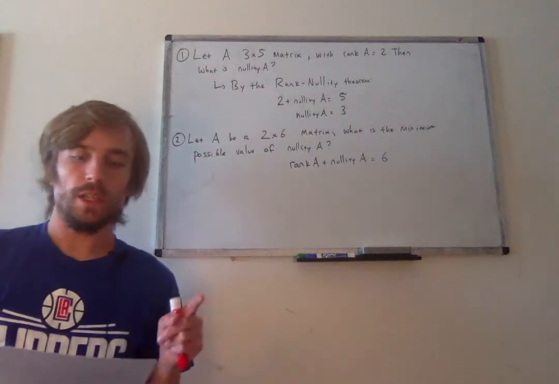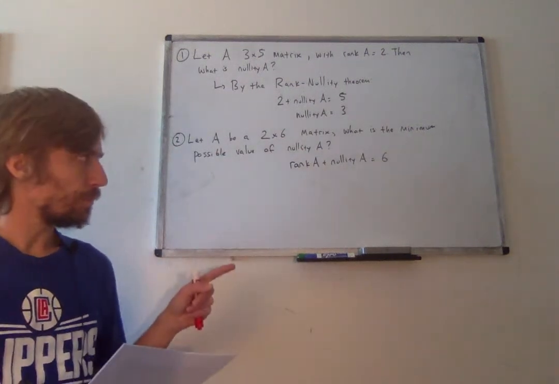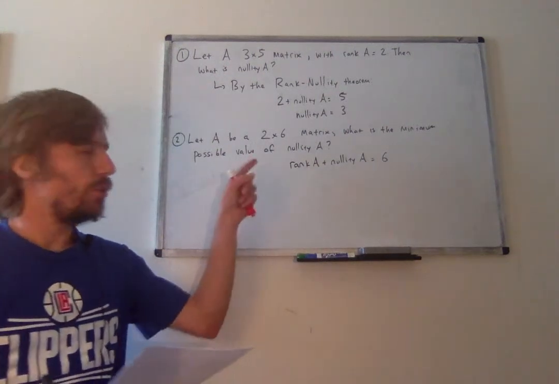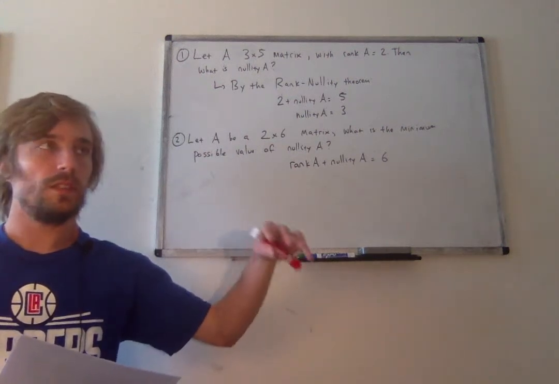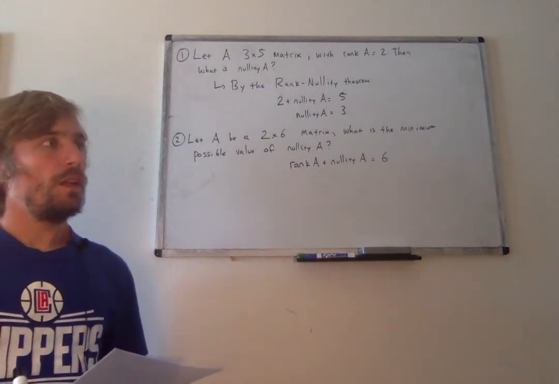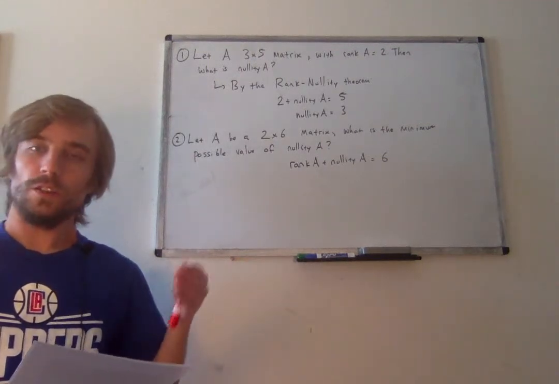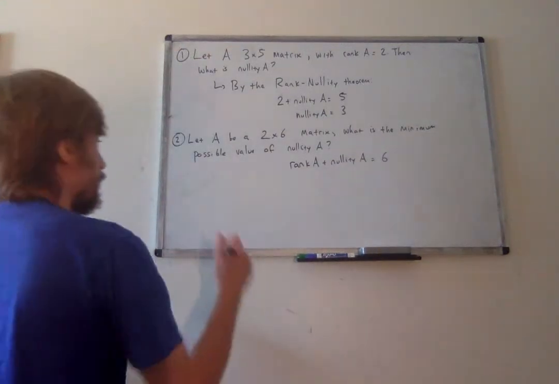So what we need to do here is determine the maximum possible value for the rank. And so notice if A is a 2 by 6 matrix, that means A has 2 rows and 6 columns. And so if we look at all of the columns of A, at most 2 of them can be linearly independent.